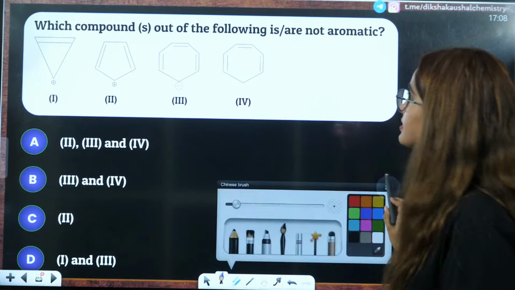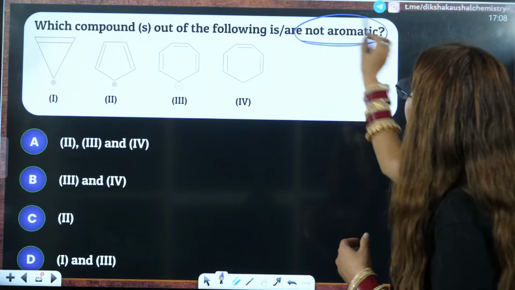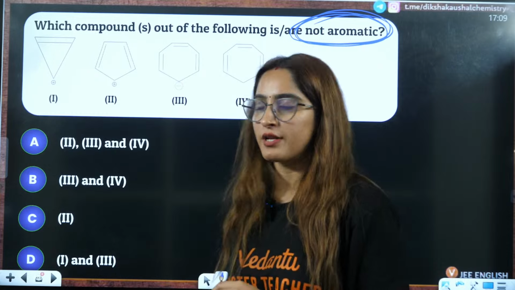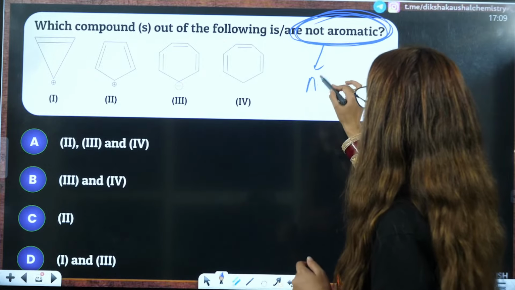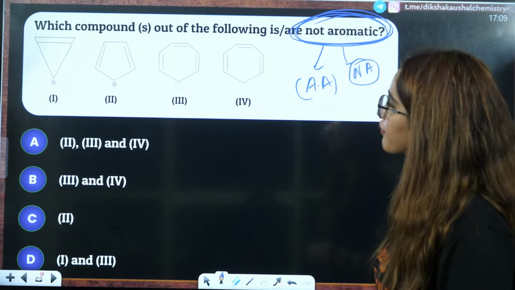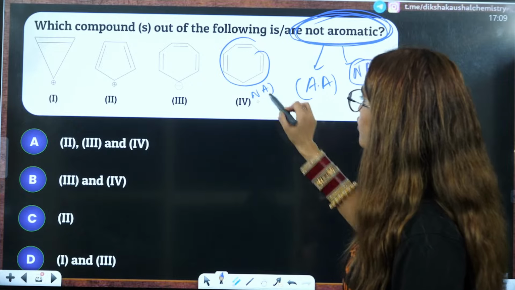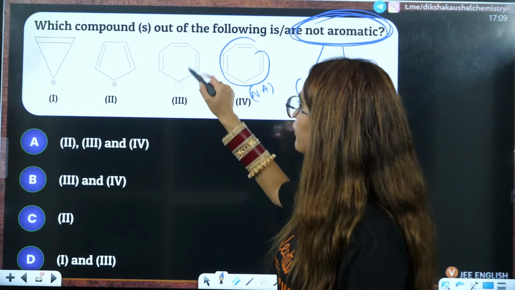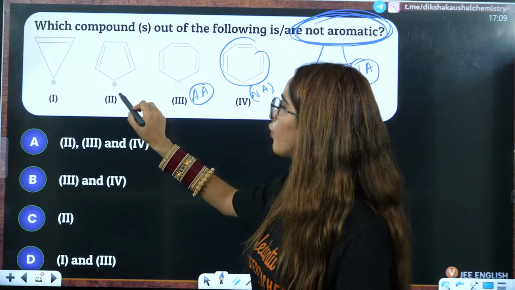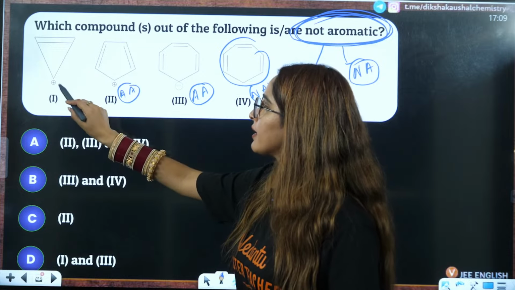Next we have: which compounds out of the following are not aromatic? Non-aromatic and not aromatic have a difference. They are asking, they can be anti-aromatic or non-aromatic, right? So if you see this, this is non-aromatic, this is non-aromatic, this is 1, 2, 3, 4, 5, 6, 7, 8, anti-aromatic, this is 1, 2, 3, 4, again anti-aromatic, this is 1, 2, aromatic.